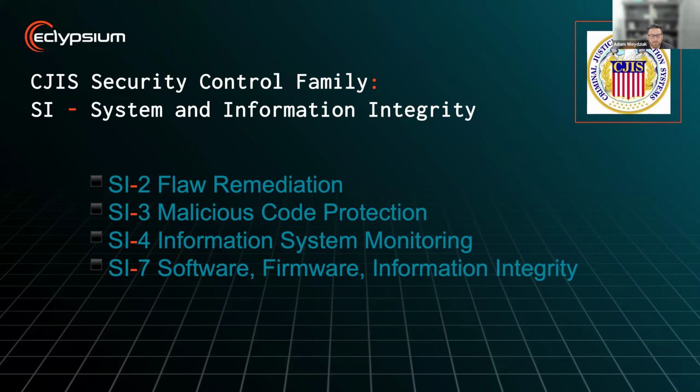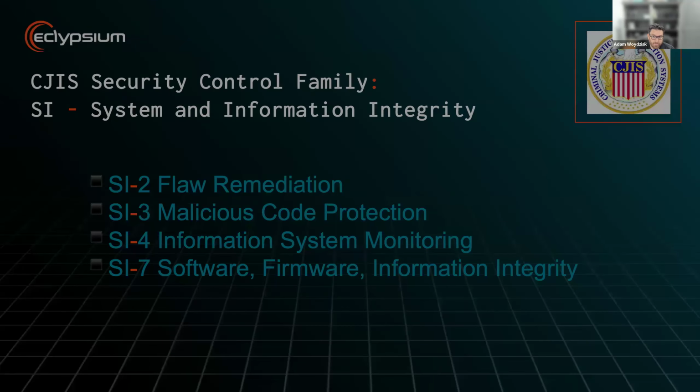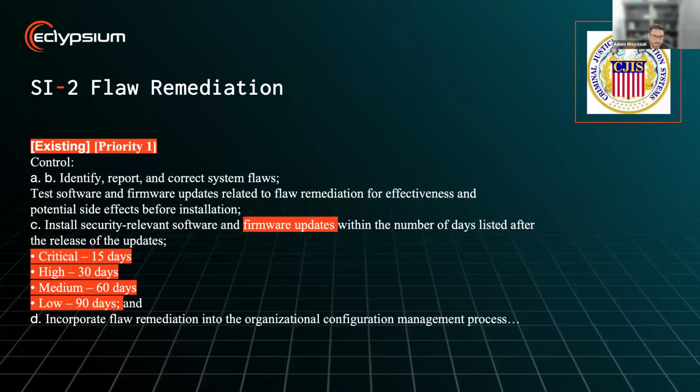I'm going to drill down into each of these in a little more depth. What I tried to do here was highlight the priority for you. Actually, everything that I'm going to drill down into today is either going to be existing and/or priority one. I will talk at a high level about a couple of other ones that don't fall into that category.